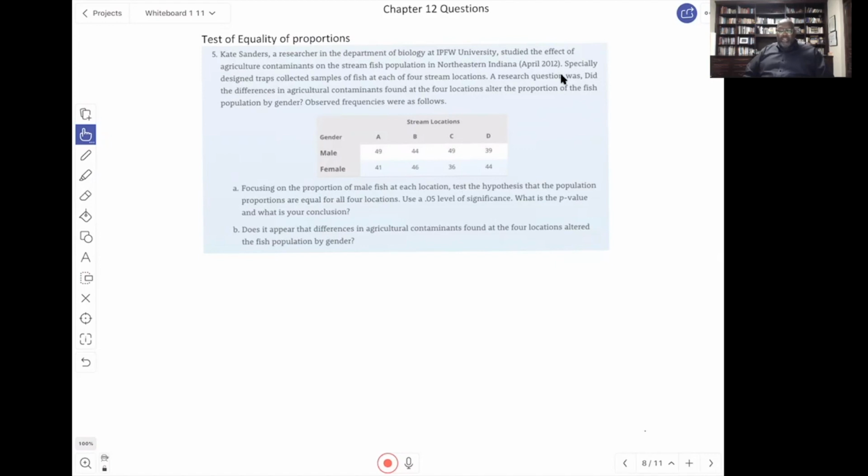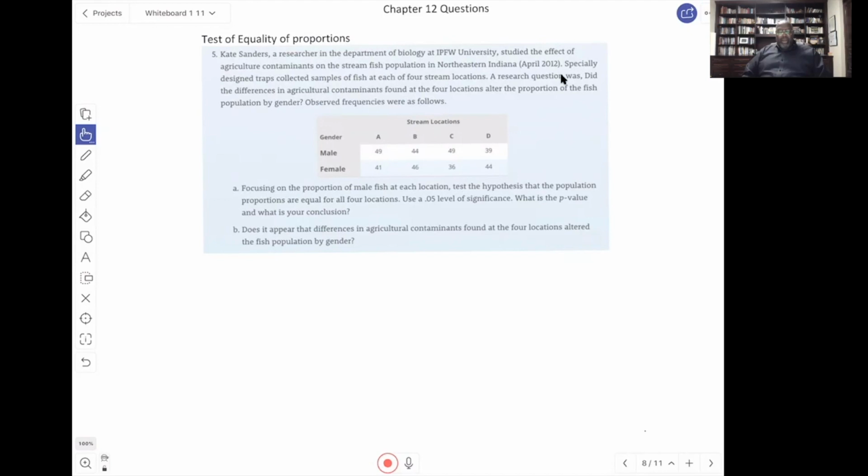Specially designed traps collected samples of fish at each of 4 stream locations. Our research question was, did the differences in agricultural contaminants found at the 4 locations alter the proportion of the fish by gender? So we had observed frequencies.